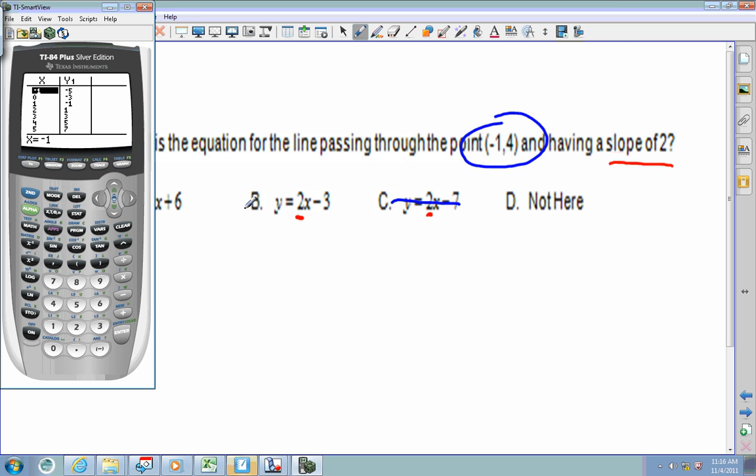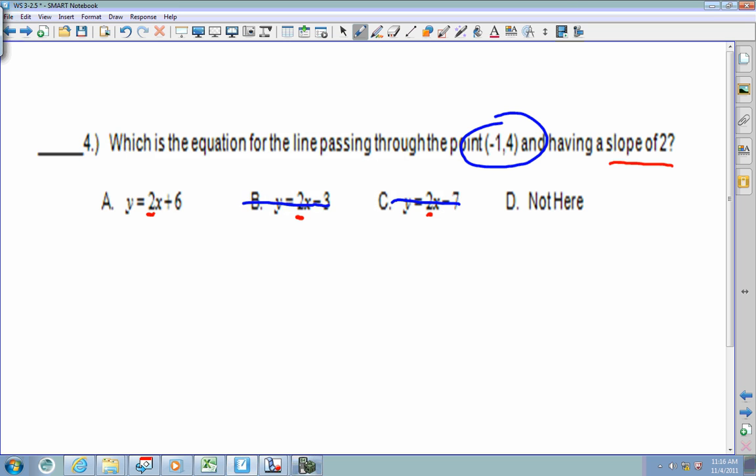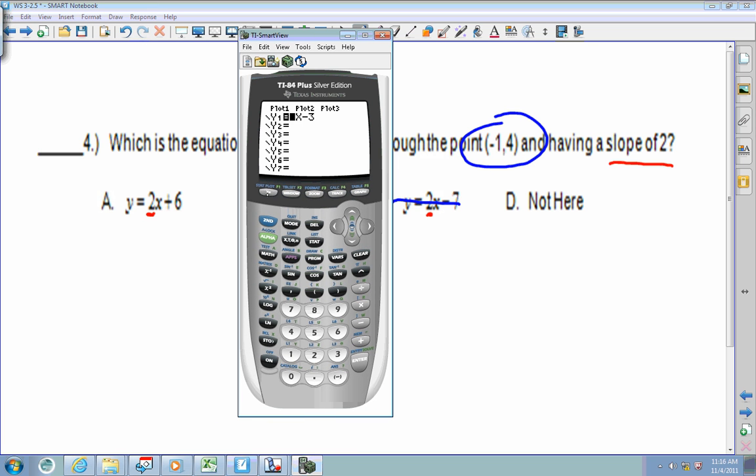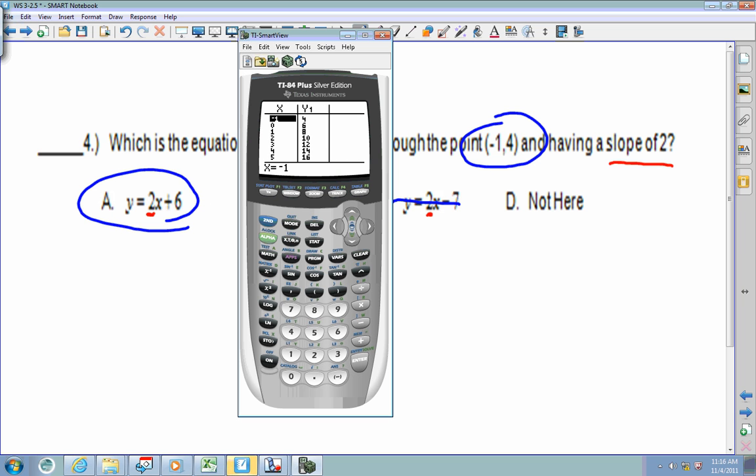Nope, it's not B. So let's try this next one. It says 2x plus 6. Second graph. I have -1, -4. That means my answer is A.